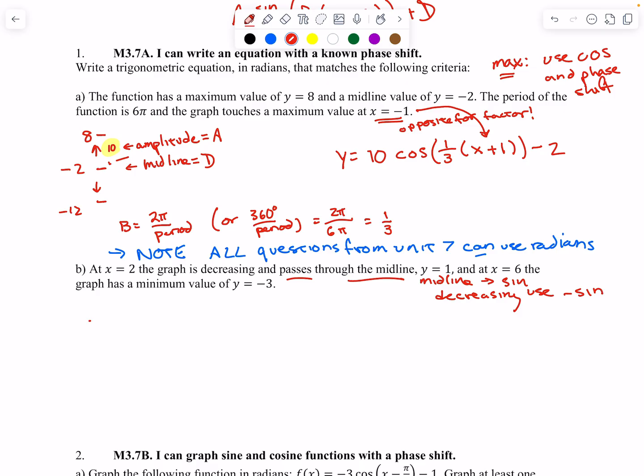Amplitude, again, if you draw out the midline at 1, and then min is -3, that distance is 4, so this is going to go up to 5.